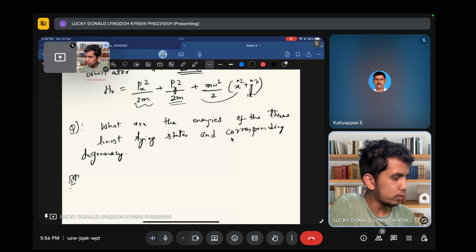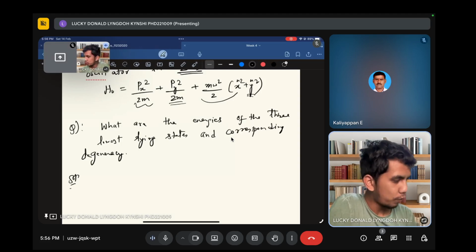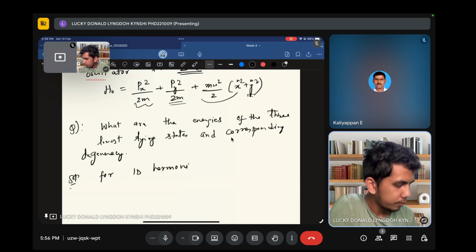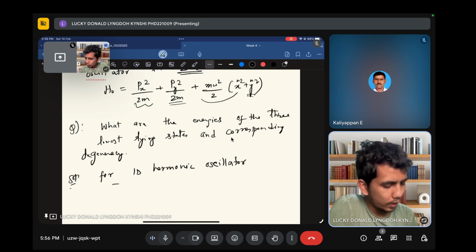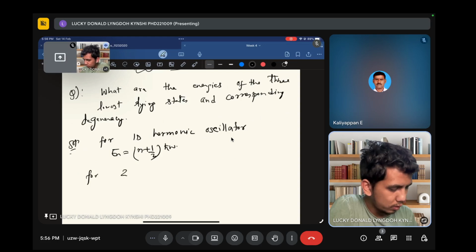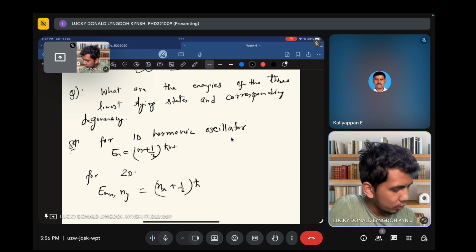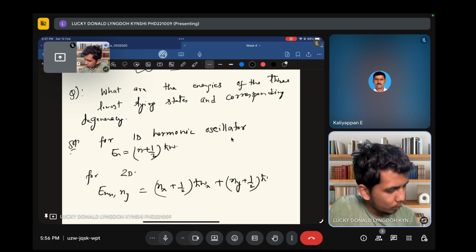Okay, solution. First of all, we have to find out what the three lowest lying states are and what the corresponding degeneracy is. For the 1D harmonic oscillator, you know the energy is (n + 1/2) h cross omega. But since in this case it is 2D, you get E(nx, ny) = (nx + 1/2) h cross omega_x + (ny + 1/2) h cross omega_y.